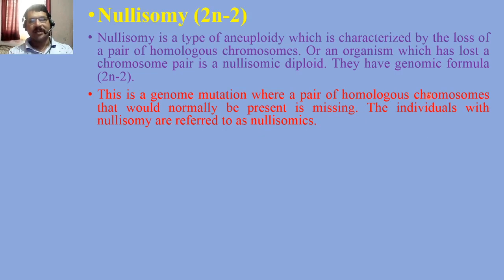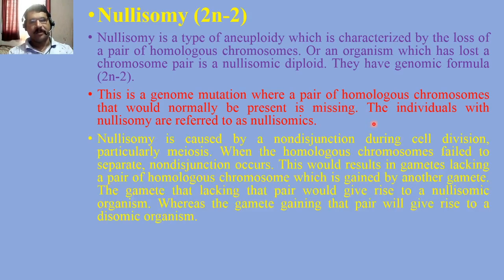Here you can see a pair of homologous chromosomes that is normally present in the normal individual get deleted. Nullisomy is caused by non-disjunction during cell division, particularly during meiosis. As we have seen already, nullisomy and all types of aneuploidy result from non-disjunction of the chromosomes during cell division, particularly during meiosis.